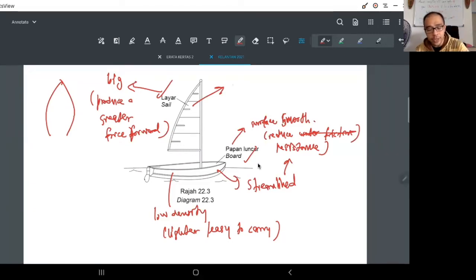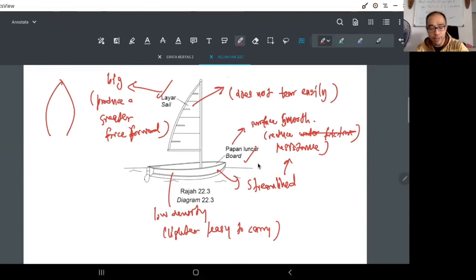Please look it up lah. I guess you can use canvas lah, but there's a name for the material of the sail. The reason why we use that material is so that it does not tear easily.